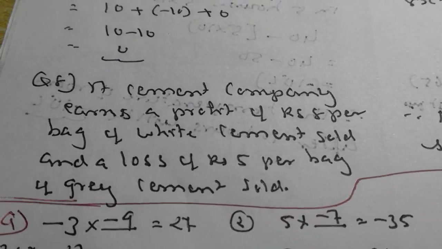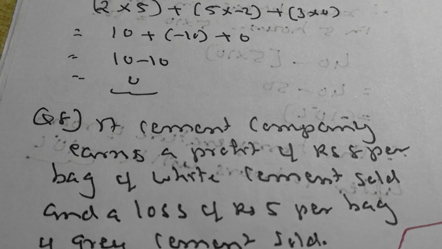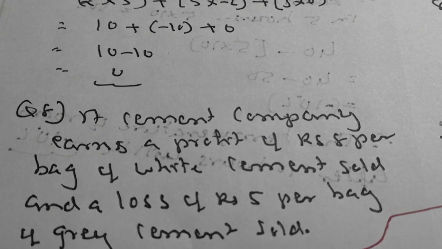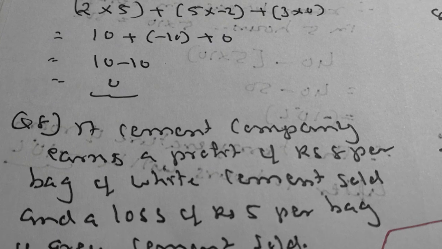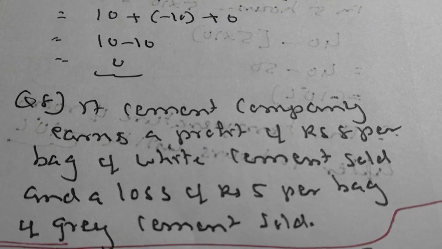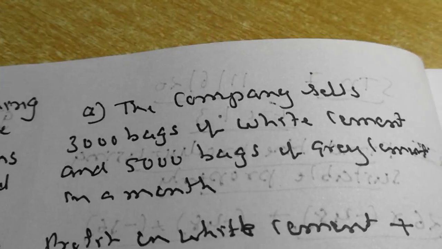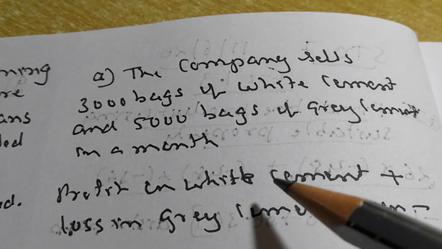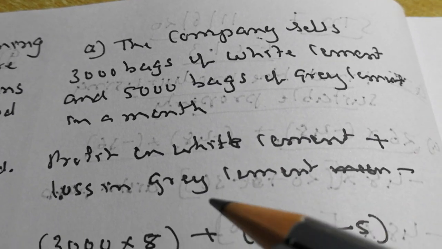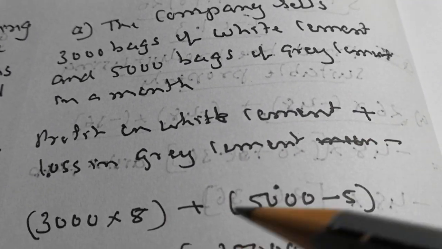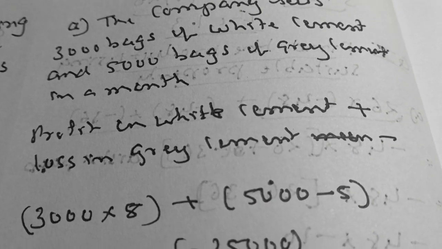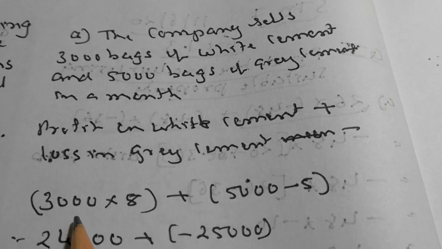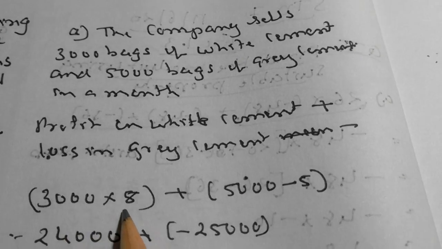A cement company earns a profit of rupees 8 per bag of white cement sold and a loss of rupees 5 per bag of grey cement sold. The question 1 for that is, the company sells 3000 bags of white cement and 5000 bags of grey cement. For profit we are going to write plus, and for loss we are going to write minus. So 3000 bags of white cement, it makes 8 rupees profit.